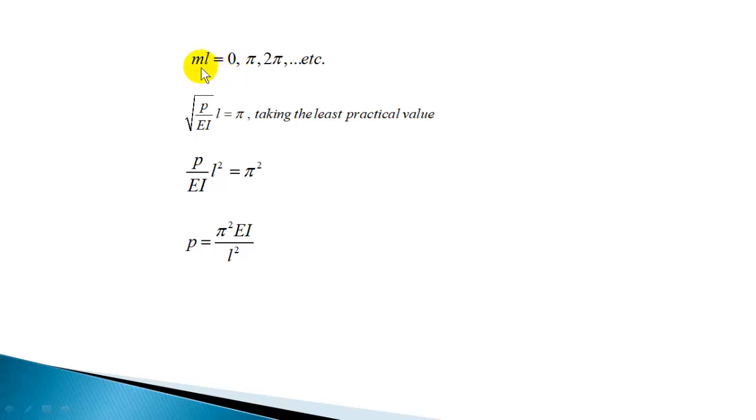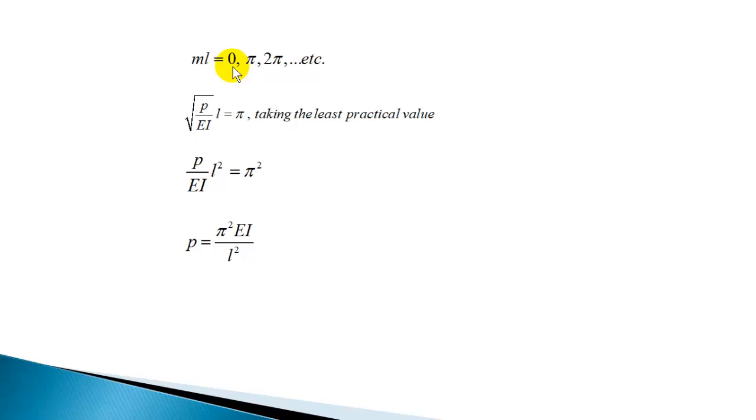So P cannot be 0. P being 0 means the load is 0, so it's not a solution. So the least value of solution possible, the least load at which the column buckles, is when mL is equal to pi. There is no point in analyzing P equal to 0, because L, EI and all those values exist.